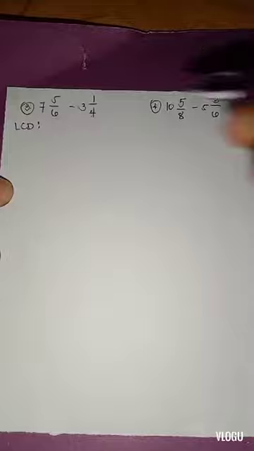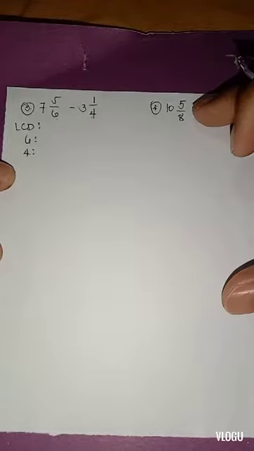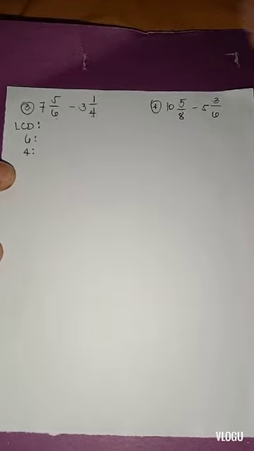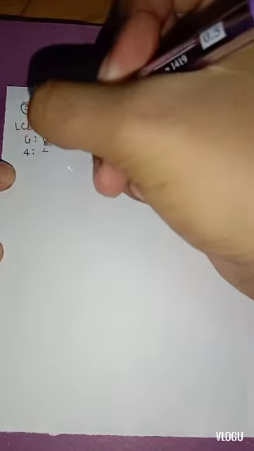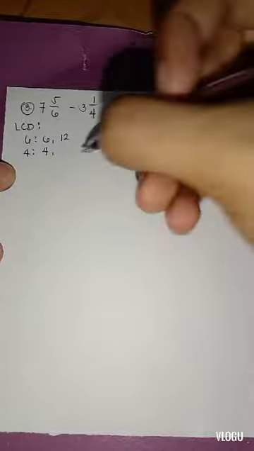So using skip counting. So 6 and 4. So we will just look for their common multiple. So we have here 6, we have here 4. We have here 12, and then here 8.